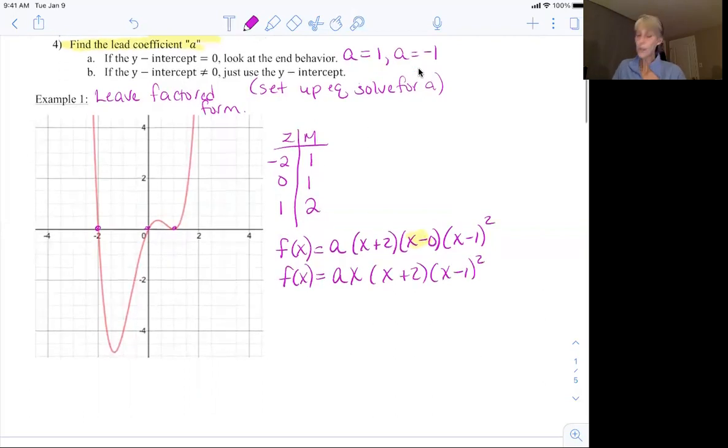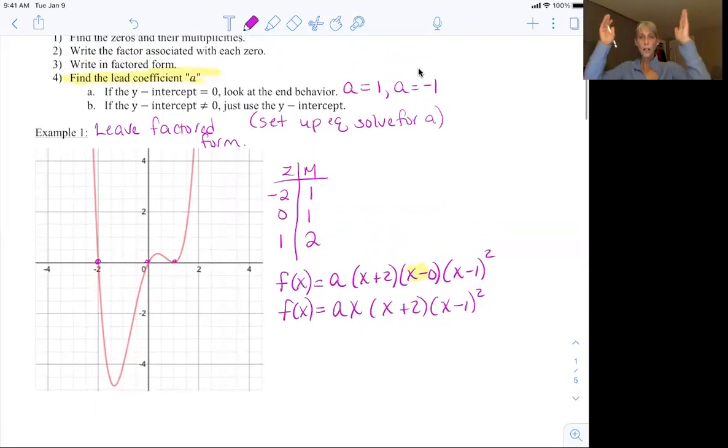Now, if you think about it, here's the y-intercept part. Here's where it gets tricky. When you have this x out front, if I was to plug in 0, it's going to make everything 0. But that doesn't help me with the a. I need to know, is a 1? So is the graph positive or is the graph negative? That's where I go to the degree of my function.